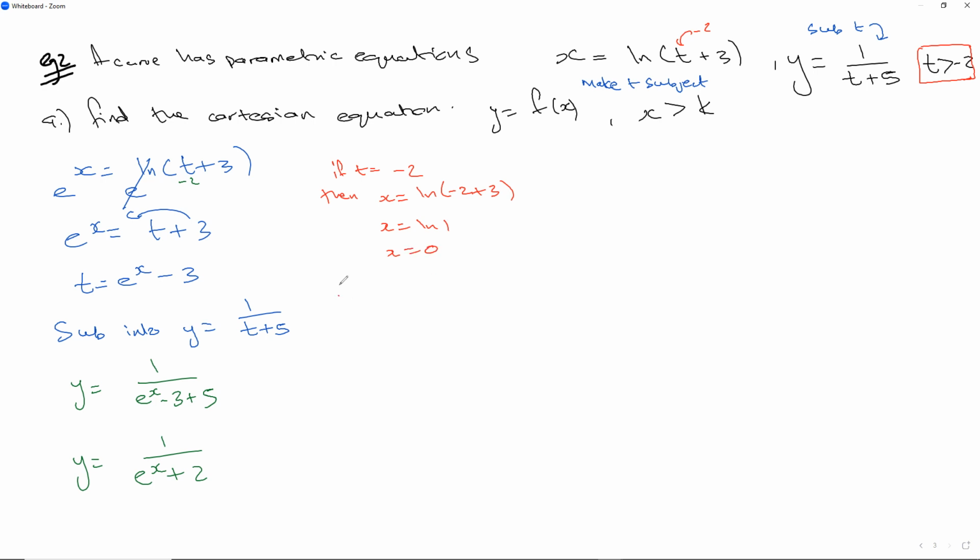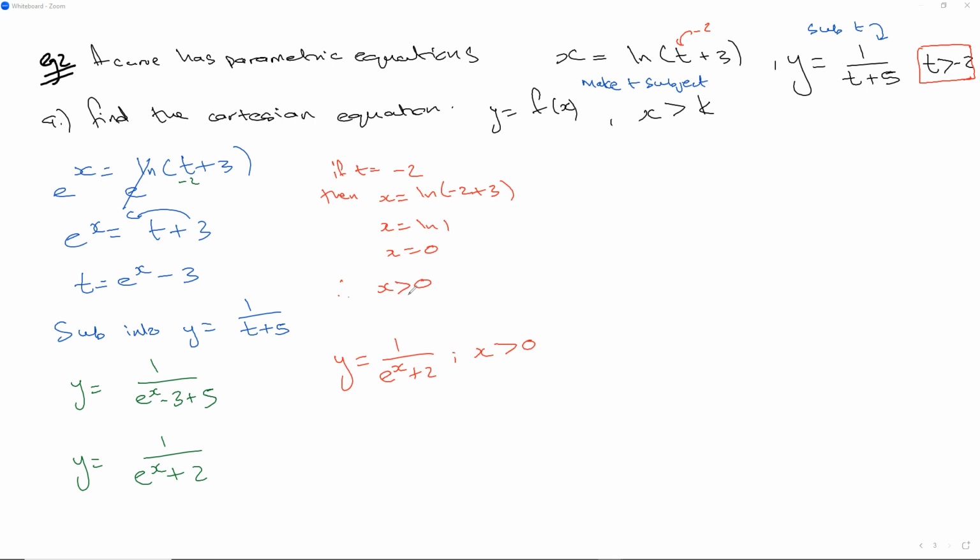We know that as t is greater than negative 2, x will be greater than 0. So the final function is y equals 1 over e to the power of x, plus 2, where x is greater than 0, giving the domain, x greater than 0. All right, so we found the Cartesian equation, which is part A.